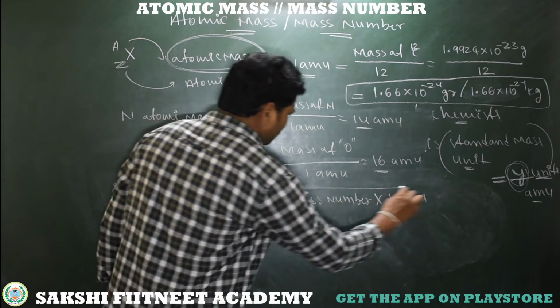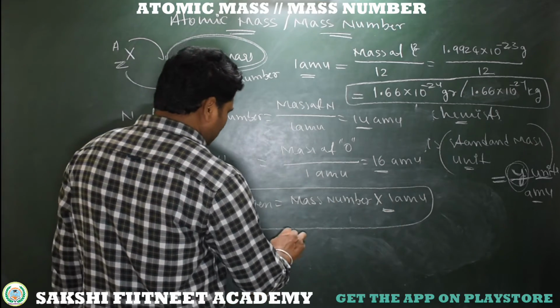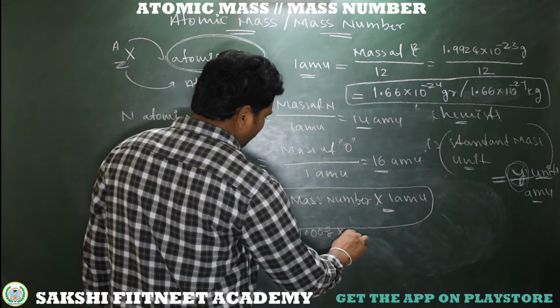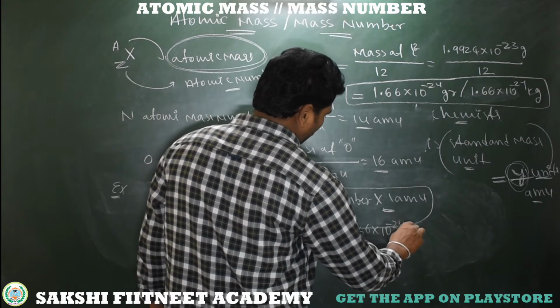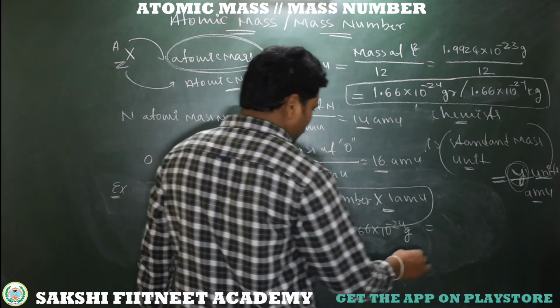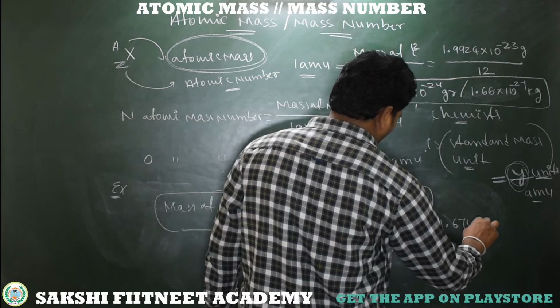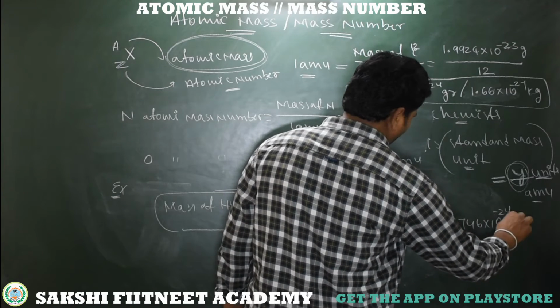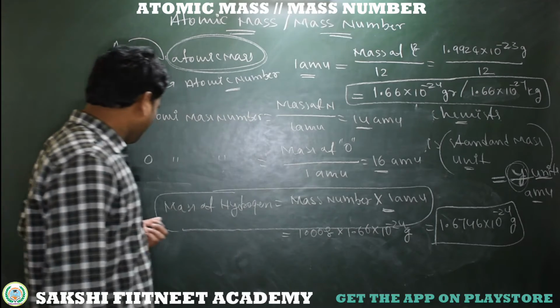You will get the mass of this hydrogen atom, which is equal to 1.008 into 1.66 into 10 power minus 24 grams, that is equal to 1.676 into 10 power minus 24 grams. So this is the actual mass of hydrogen.